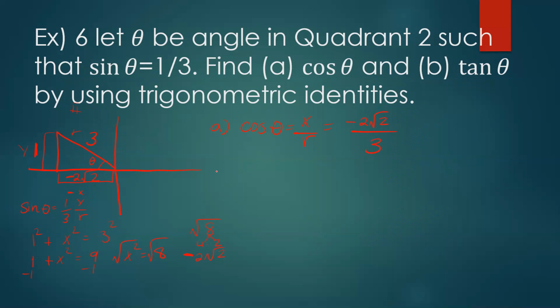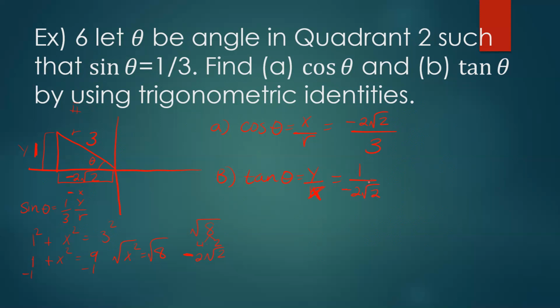And then my part B is tan theta, which is y over radius. No, my bad. It's y over x, right? Not y over radius, it's y over x. So my y value is positive 1, and my x value is negative 2 radical 2.